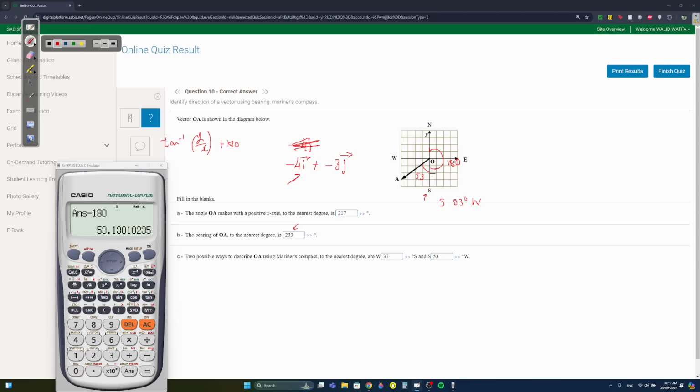South and then go west 53 degrees. Or we can go from west. If this is 53, then this is going to be 37, right? Because 90 minus 53, this is the right angle. So we can go west 37 degrees south. Okay? Both work. So west 37 degrees south and south 53 degrees west.